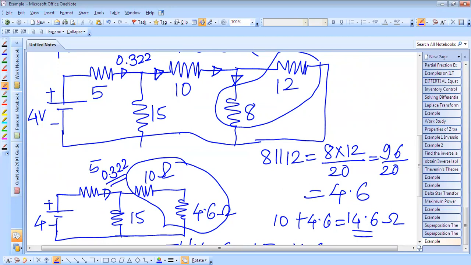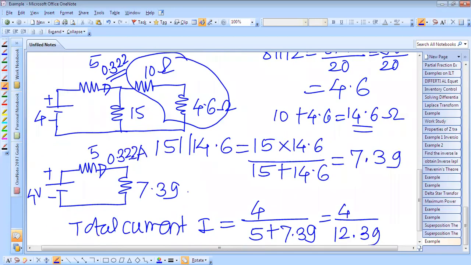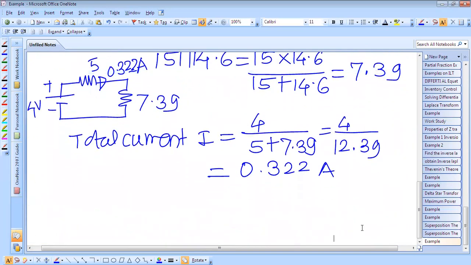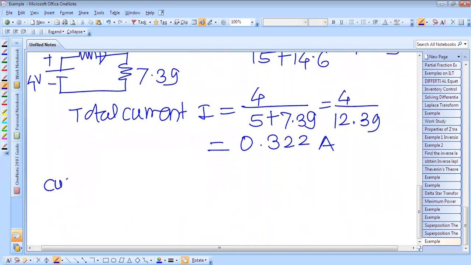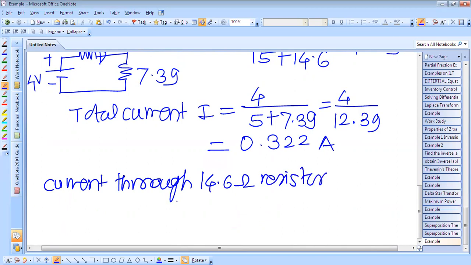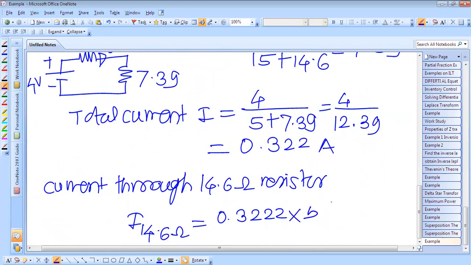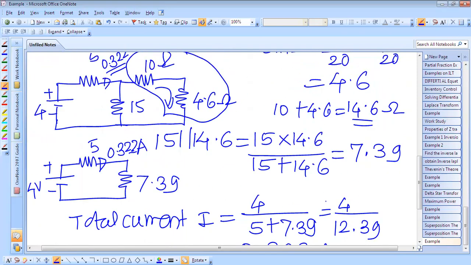Now the current flowing through the 14.6 ohm resistor is equal to total current into, we have to find the current flowing through this, therefore we have to take the opposite side resistance, that is not 5, it is 15.